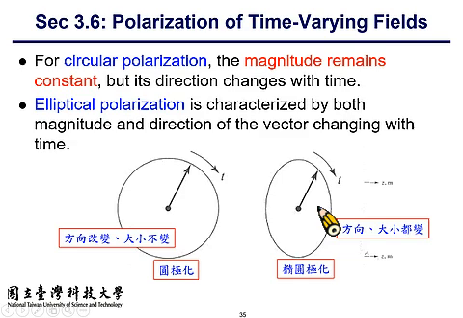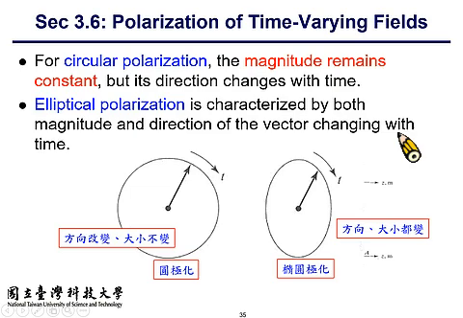On the other hand, if the electric field varies in both the direction and the magnitude, then the tips of the electric field can follow an elliptical locus, like the one drawn in the slide. So it's referred to as elliptically polarized, or elliptical polarization. Elliptical polarization is characterized by both magnitude and direction of the field changing with time.